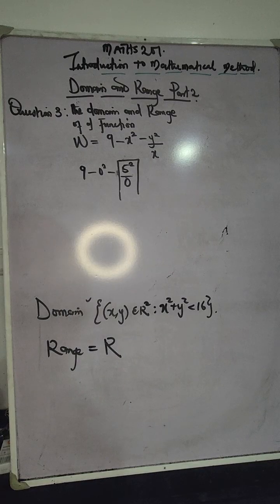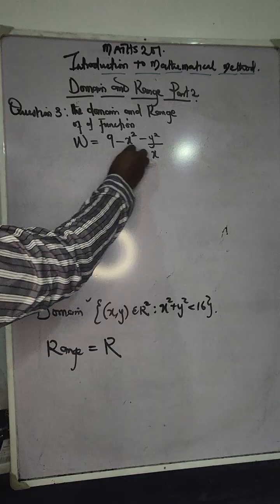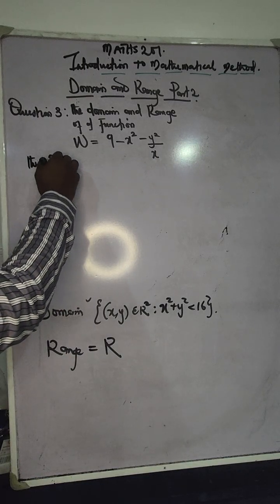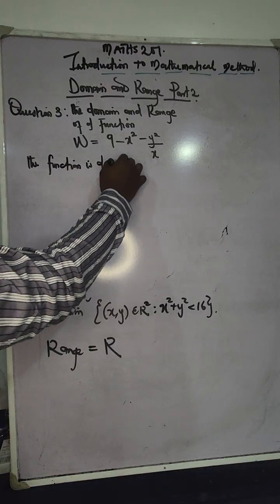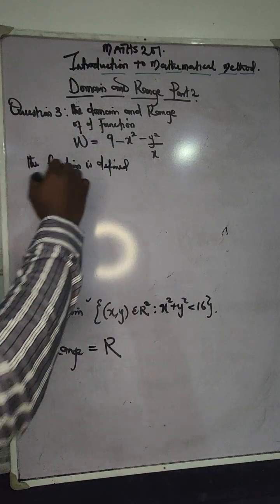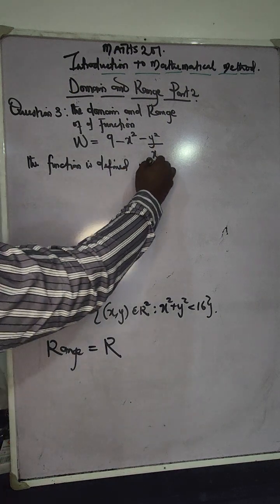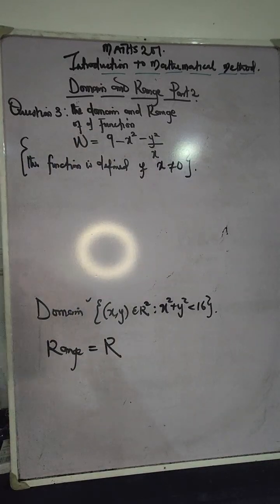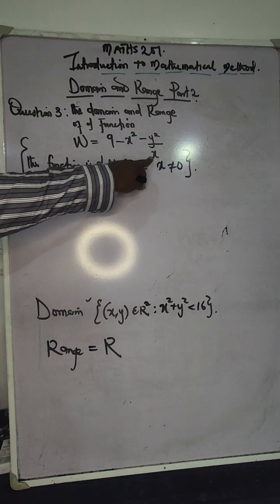So we say that the function is defined if x is not equal to 0. That's the only thing that makes that function make sense, as long as the x here is not equal to 0.